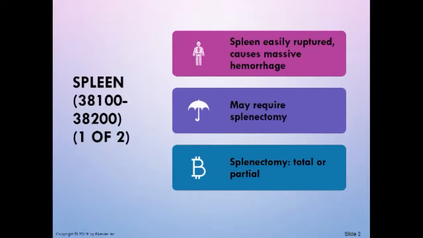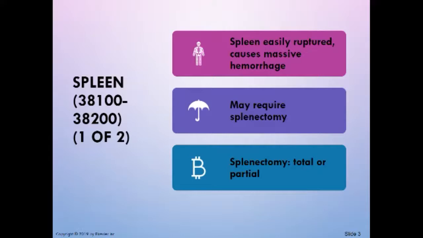A spleen can be easily ruptured and can cause massive hemorrhage. It may require a spleenectomy, which can be total or partial. So let's take a look at spleen in our CPT manual. 38100 is a spleenectomy, total. 38101 is a partial.